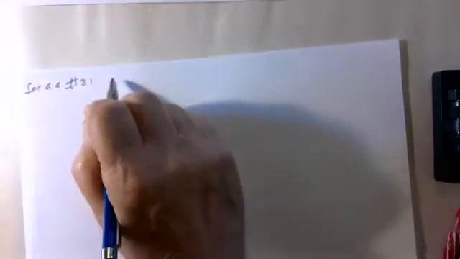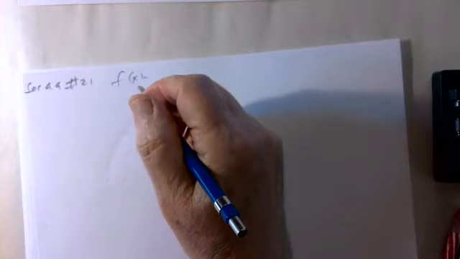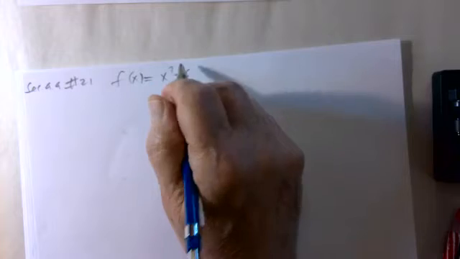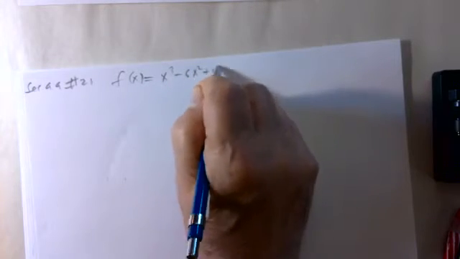Actually, let me do this on a clean piece of paper, because there's a lot of writing to do. Section 4.4, number 21. f of x equals x cubed minus 6x squared plus 12x.